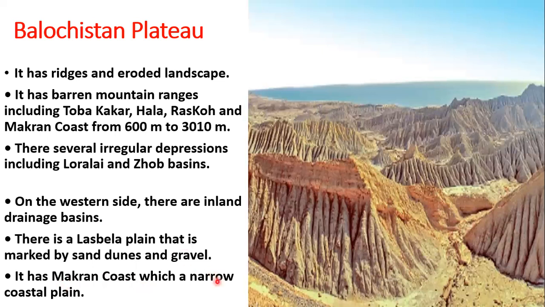Makran Coast, which is a narrow coastal plain. The Makran Coast is very special, which develops on the coastline, and this is why Gwadar is situated in this same region.